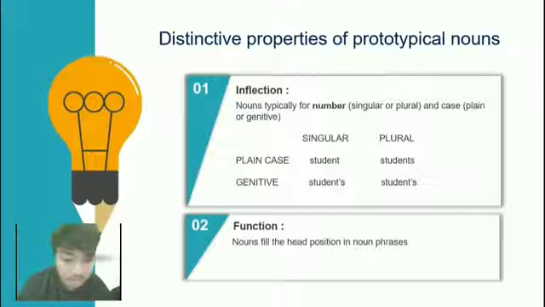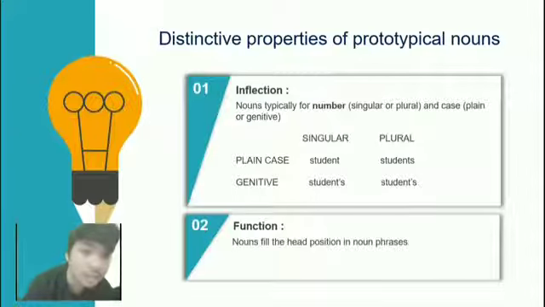Next, distinctive properties of prototypical nouns. First is inflection. Nouns typically inflect for number, singular or plural, and case, plain or genitive.